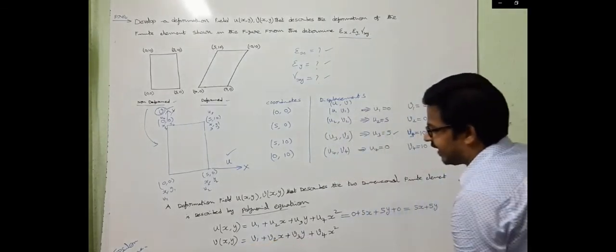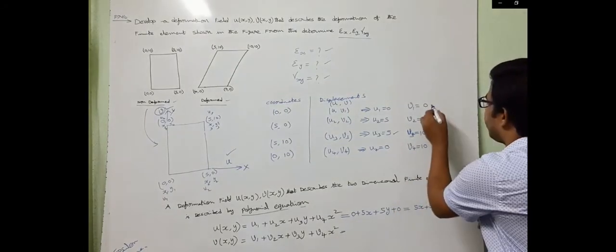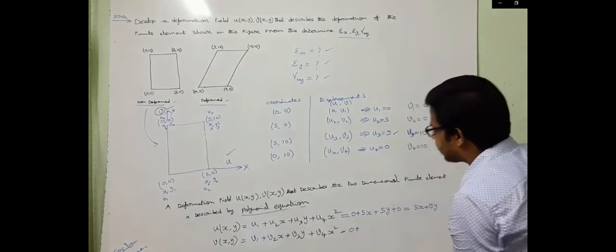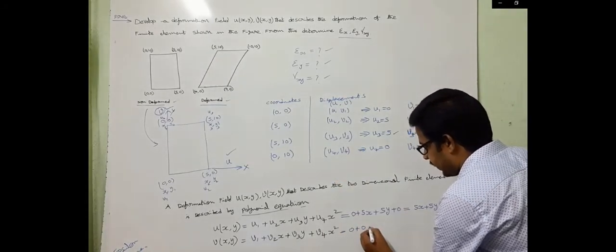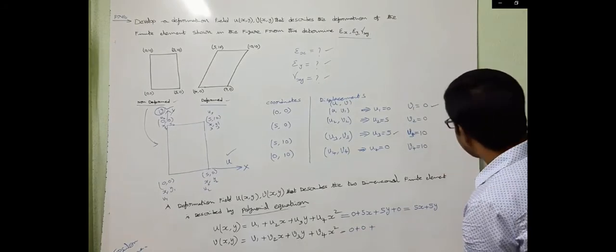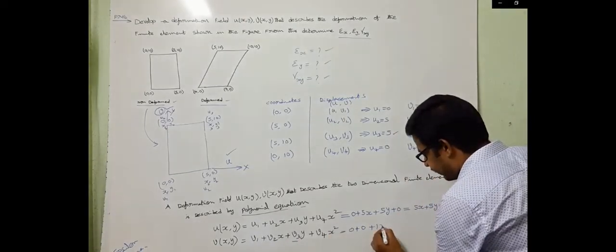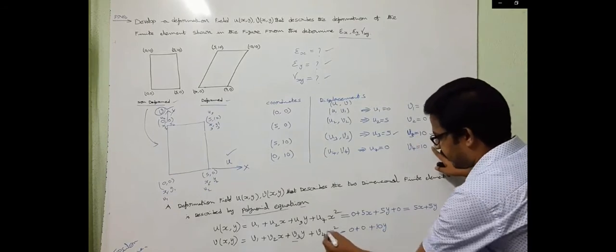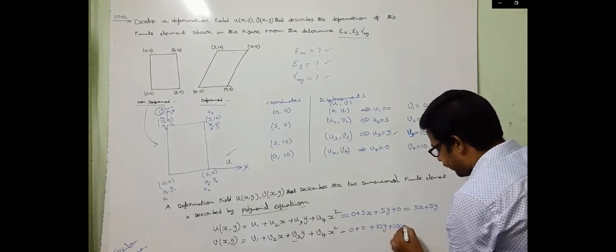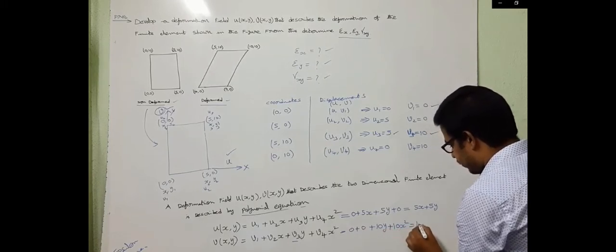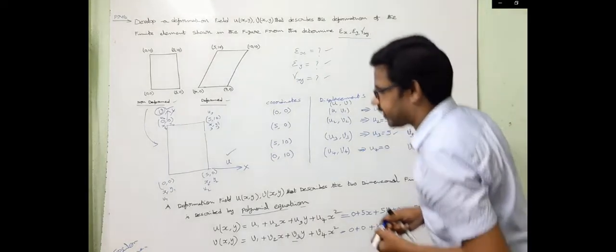Coming to the next one, the vertical displacement v of x comma y equals v1. The v1 value is 0, plus v2 equal to 0 into x, plus v3 equal to 10 into y, plus v4 value 10 into x square, which gives 10y plus 10x square.